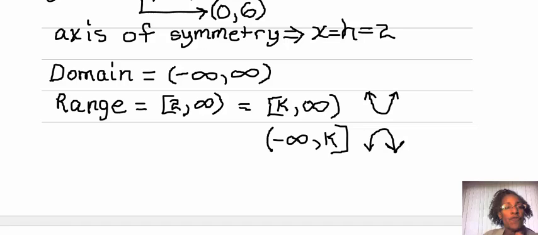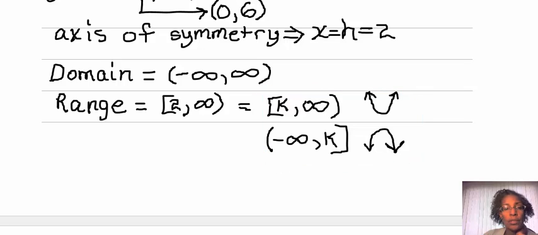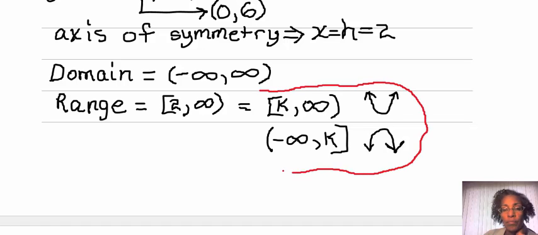So that's always the form of the range for an upward or downward opening parabola. So I just want to highlight that as information if you were working a problem where the parabola opened downward.